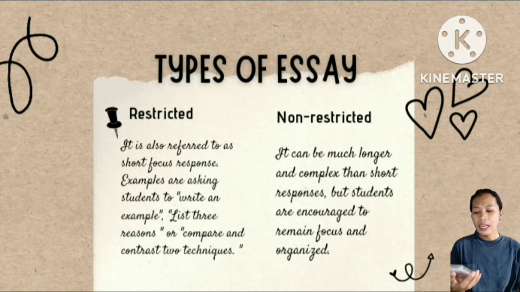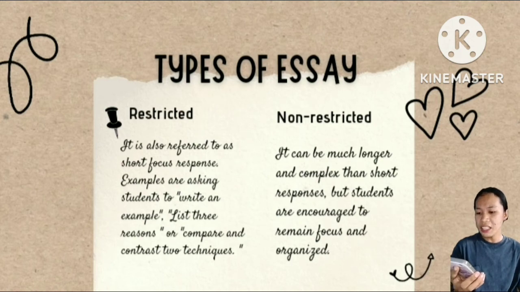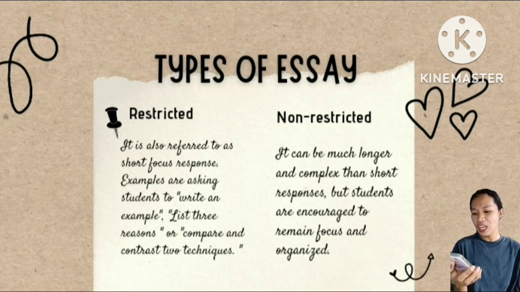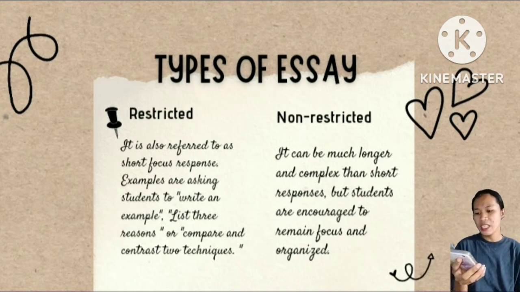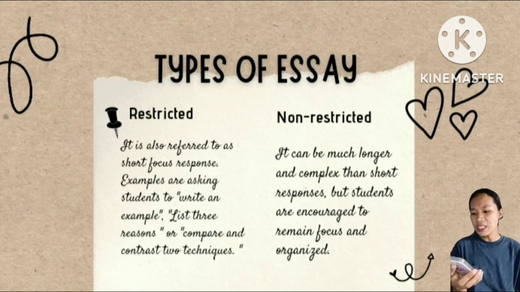And non-restricted, it can be much longer and more complex than a short response, but students are encouraged to remain focused and organized. In a non-restricted response, it is the student who decides the points he will discuss and the type of organization he will use.